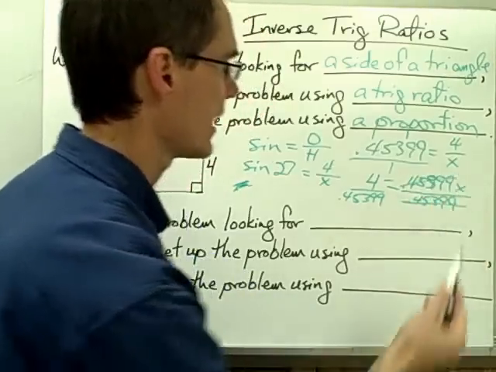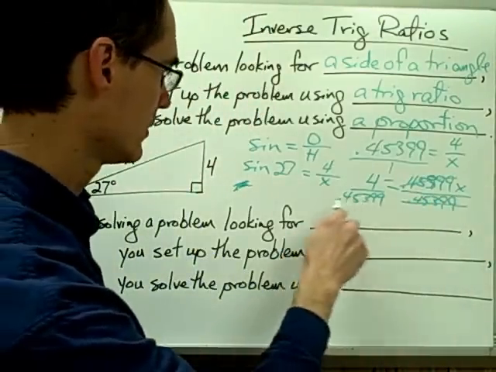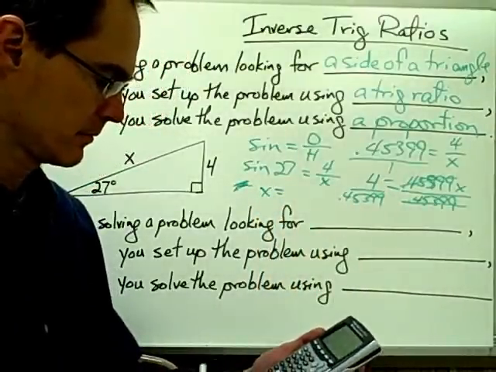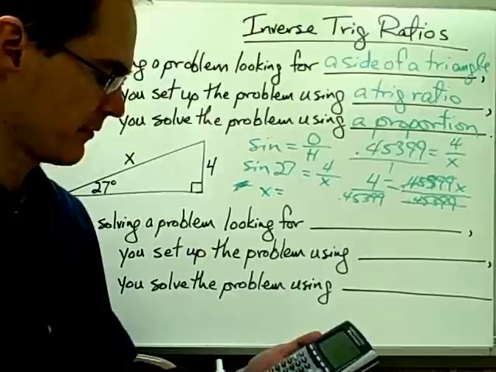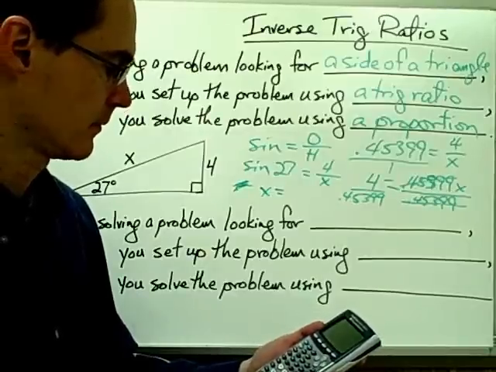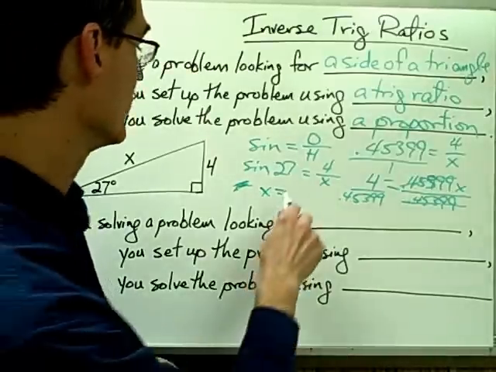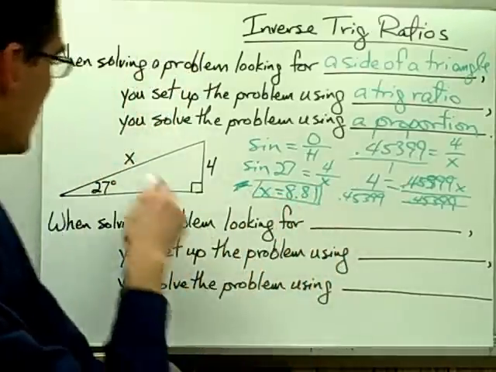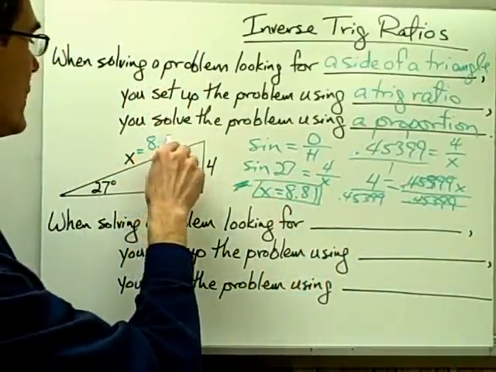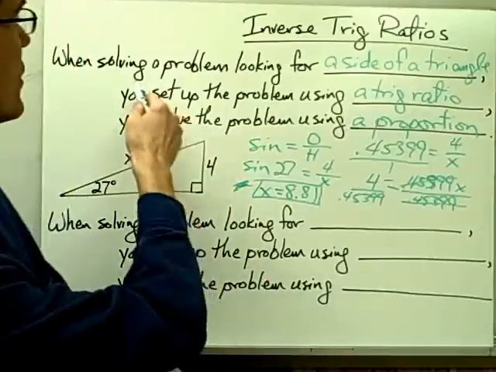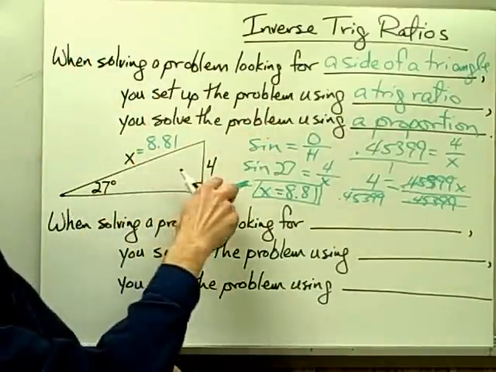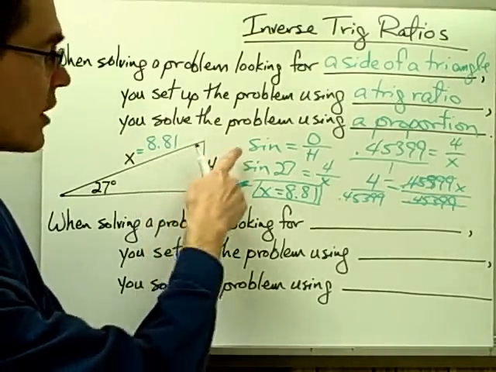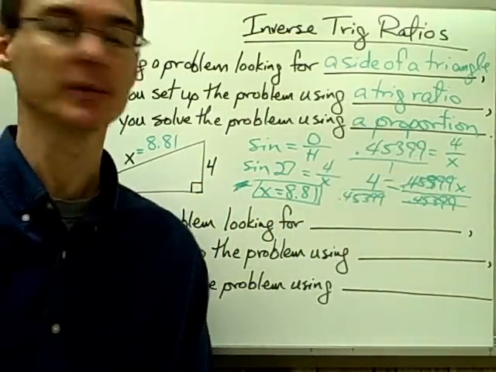And that's going to cancel out here, and I'm going to be left with 4 divided by 0.45399 equals 8.81. So I know the value of x is 8.81. So I have a problem where I'm looking for the length of a side of the triangle. I set up the problem using my trig ratio, and I solve the problem using a proportion.